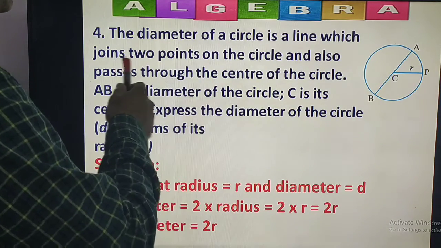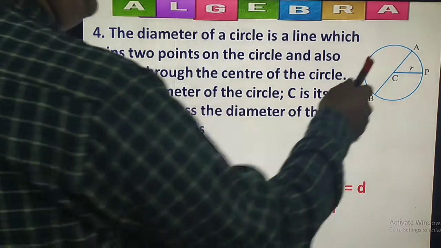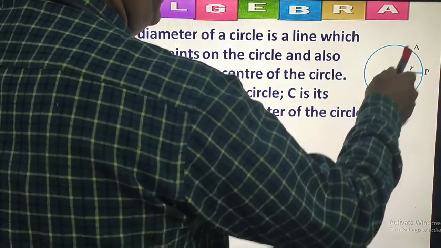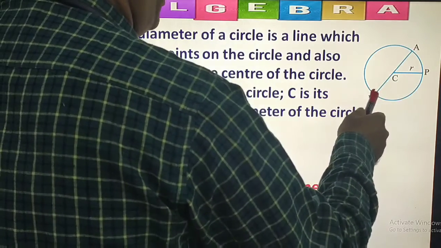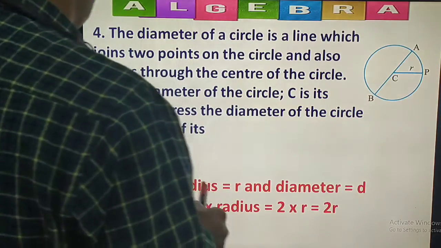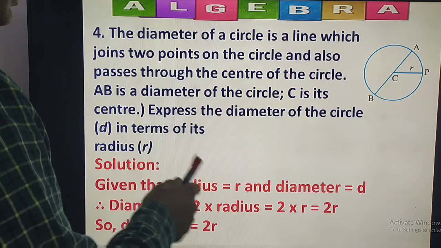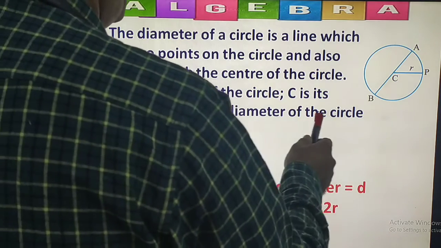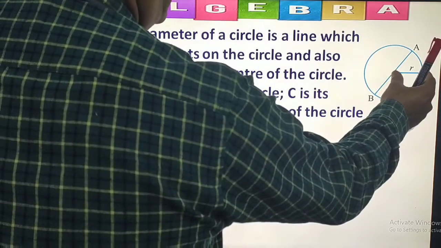So what is given? The diameter of a circle is a line joining 2 points on the circle and passing through the center of the circle. So this diameter is the line segment which passes through the center, and is formed by joining any 2 points on the circle. AB is the diameter given. C is the center. Now we want to express the diameter of the circle in terms of the radius.